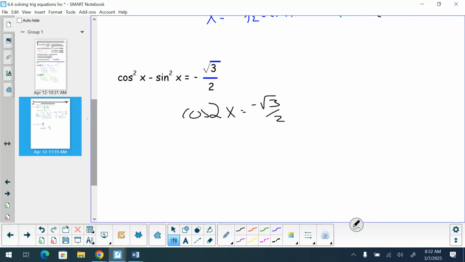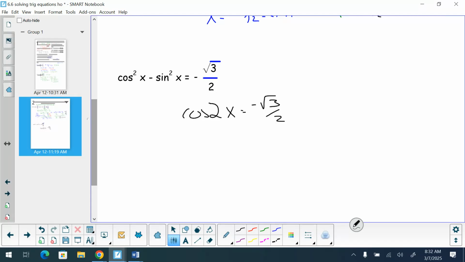Now we can click it back in our calculator. Inverse cosine of negative square root of 3 over 2. Find a degree measure. Once again, we get two solutions.